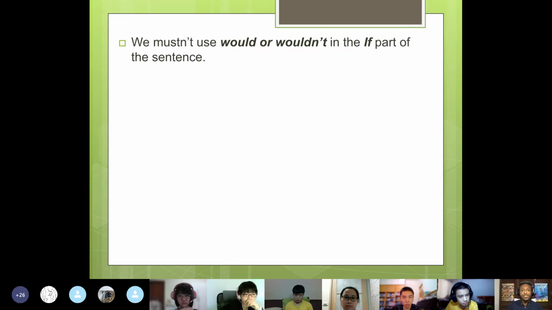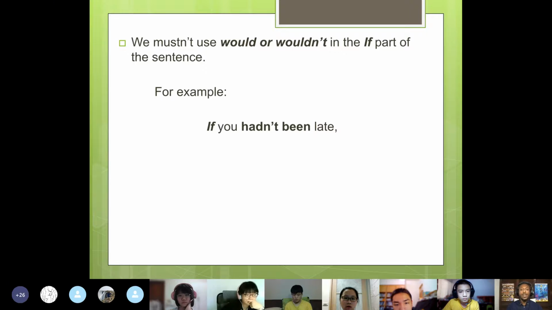So now, let's work together to build some examples here. So just a quick note is that we don't use would or wouldn't in the if part of the sentence. So notice that whenever we say, if you hadn't been late, there is no would. The would only happens in the other part of the sentence.